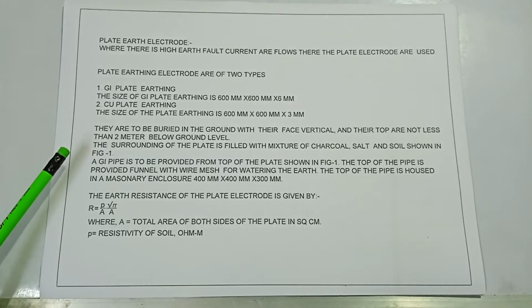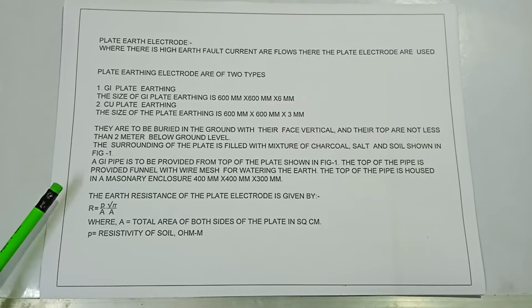The surrounding of the plate is filled with a mixture of charcoal, salt and soil, shown in figure 1. A GI pipe is to be provided from the top of the plate, shown in figure 1. The top of the pipe is provided with a funnel with wire mesh for watering the earth. The top of the pipe is housed in a masonry enclosure 400 mm into 400 mm into 300 mm.